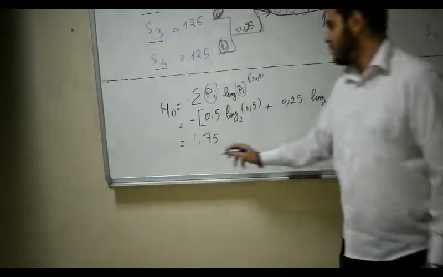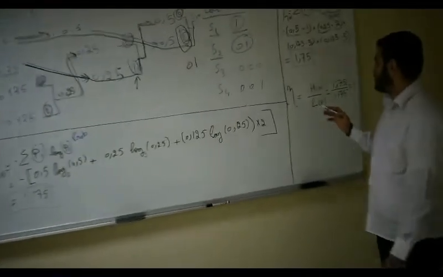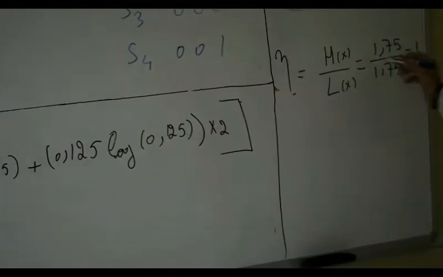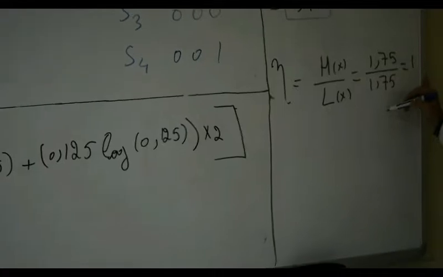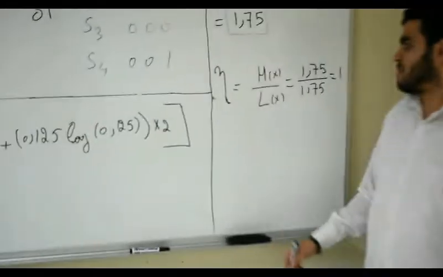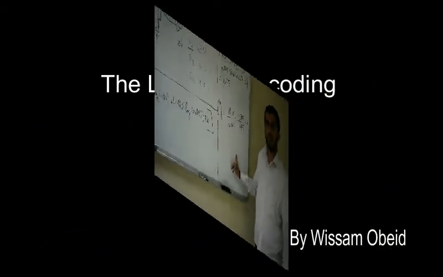And the final answer is 1.75. To calculate the efficiency, it equals H(X) over L. So 1.75 over 1.75 equals 1. So we can conclude that Huffman coding is efficient for this case.